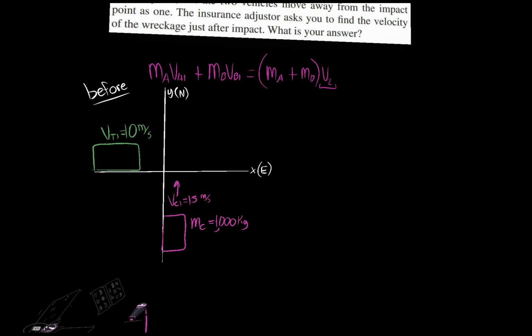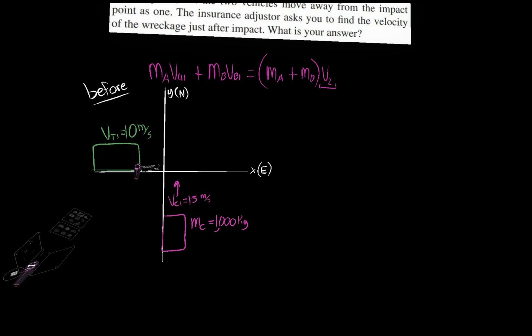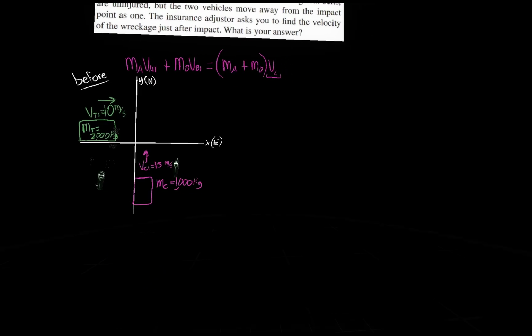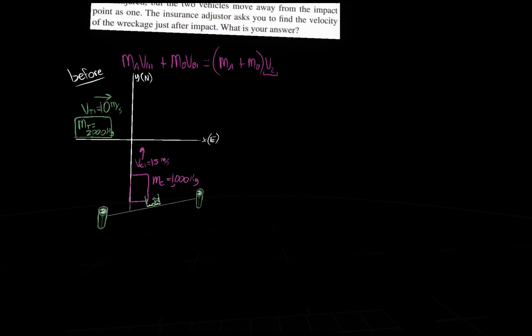So the car is going faster. And then the mass m_T is equal to 3,000 kilograms, right? Yes, 2,000 kilograms. Okay, and it's traveling this way. So that's our before. That's everything that we need for before.